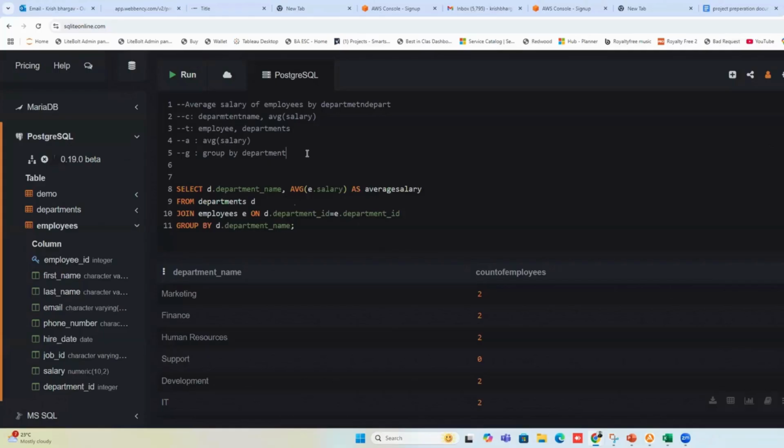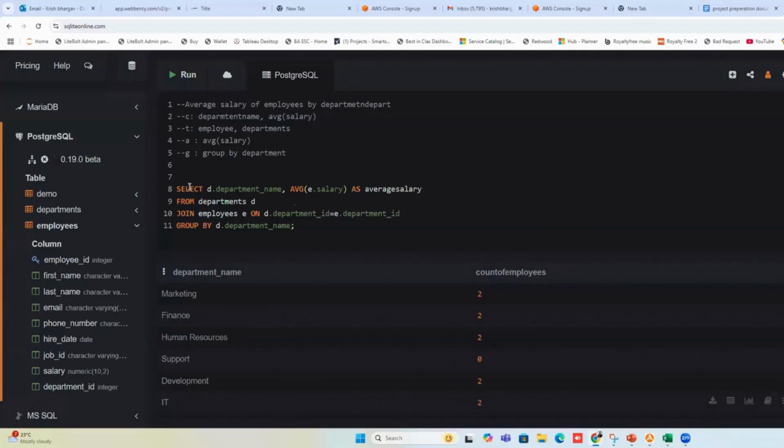But in this case, we want the average salary of employees by department. Same thing: department name and average salary are the 2 columns that I need. Then I have the employee table and the department table. Average salary is my aggregation, and I'm grouping by department because I said by department.